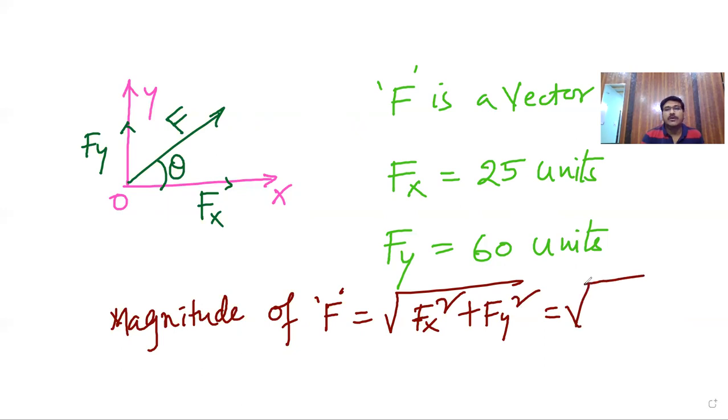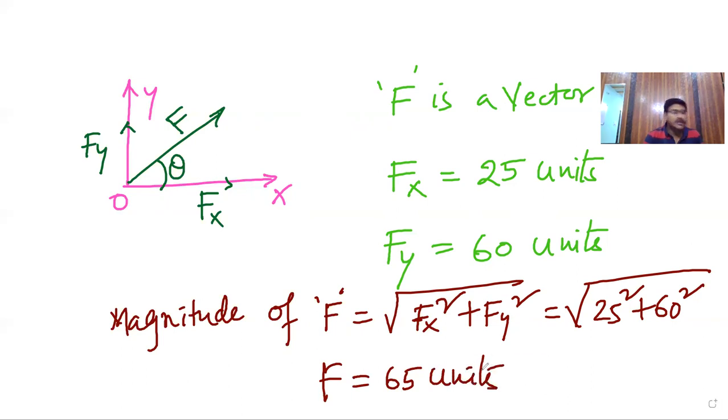That is the square root of 25 square plus 60 square, so the magnitude of F is 65 units. We should make use of the calculator for 25 square plus 60 square. Clear?